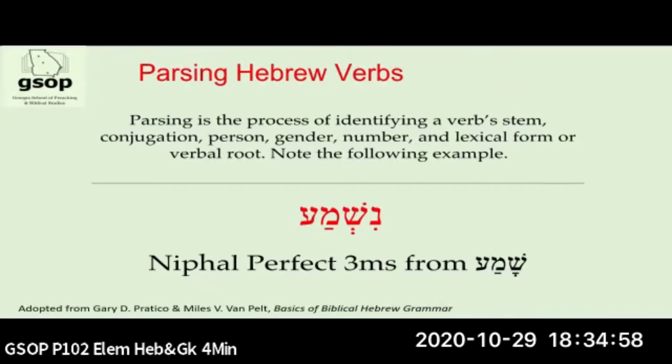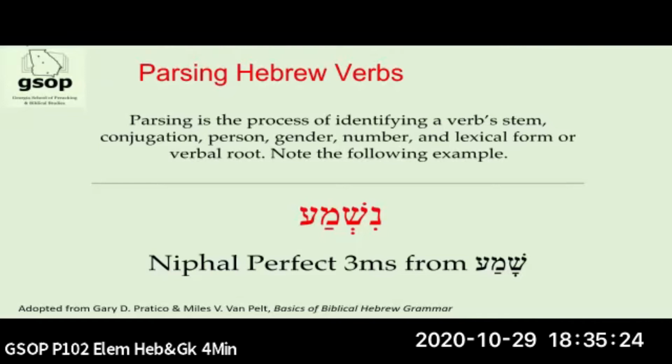And so here we have nishma, and it's from the Niphal. I know it's a Niphal because the root is the Shin, the Mem, and the Ayin. So root 1 position is the Shin, root 2 position is the Mem, and root 3 position is the Ayin.